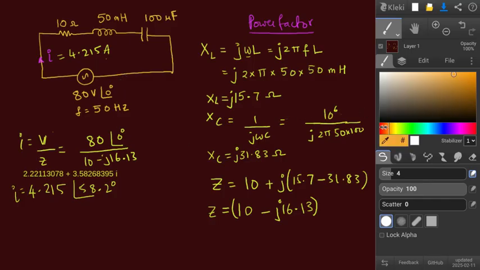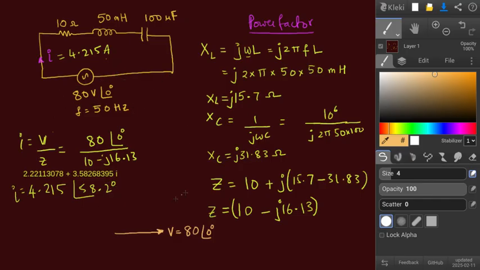Now the important step, I want to draw what is called a phasor diagram. So the phasor diagram looks something like this. I draw one horizontal line representing the voltage. The length of this voltage line is 80 volts and the angle of that line is 0 degrees, so it's a horizontal line.